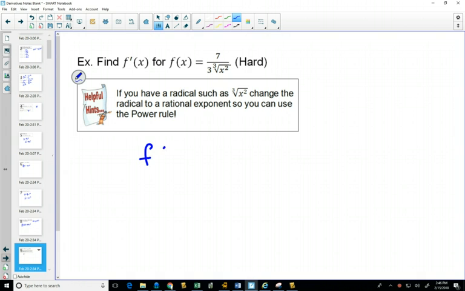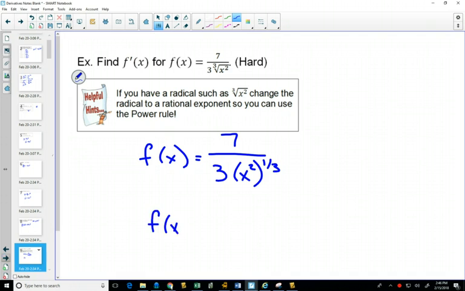So I'll start. The cube root means to the 1/3. Eventually, and probably for many of you now already, you probably could have made that x to the 2/3 right away.